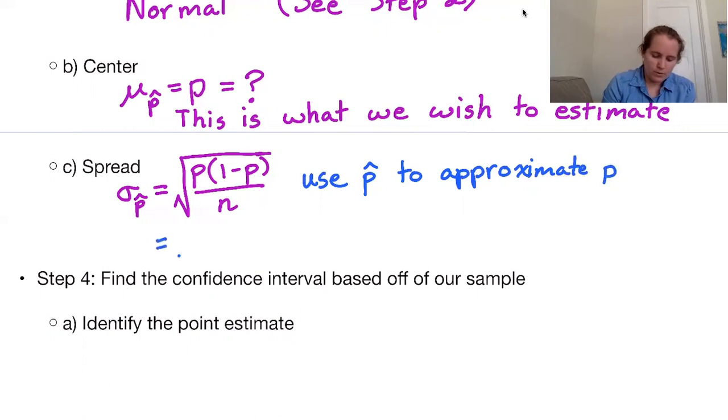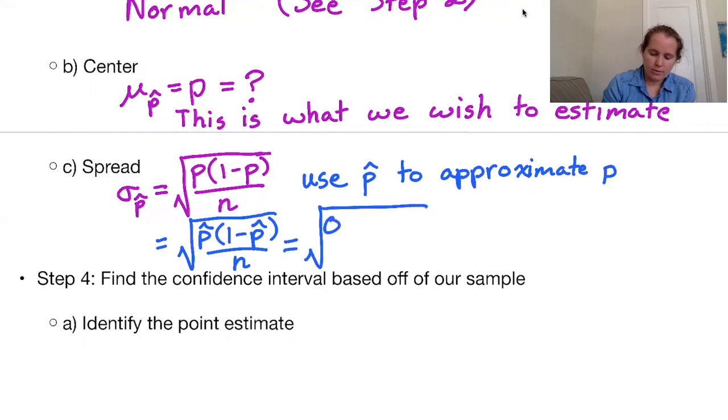So we will do the square root of p hat times 1 minus p hat divided by n, or the square root of 0.31 times 1 minus 0.31 divided by 100.